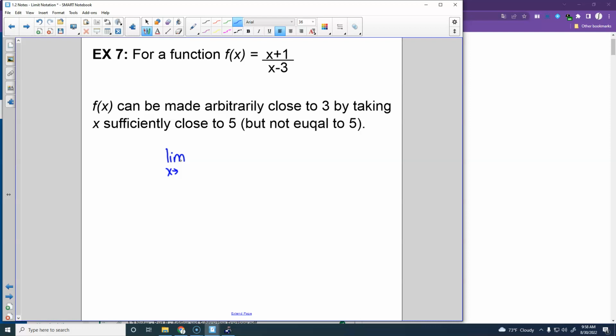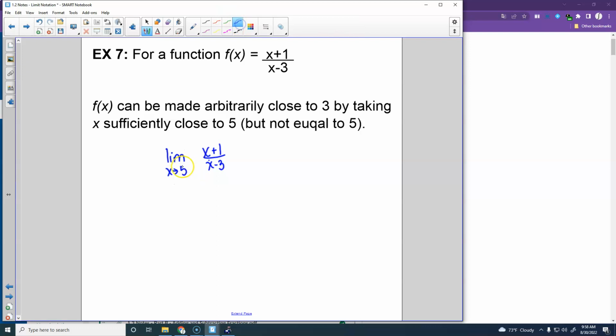It's not approaching x plus 1 over x minus 3. So that's not the number that's going to go here. That is what we are taking the limit of. So that could go right here. It's 5. Because it tells us that x sufficiently close to 5.